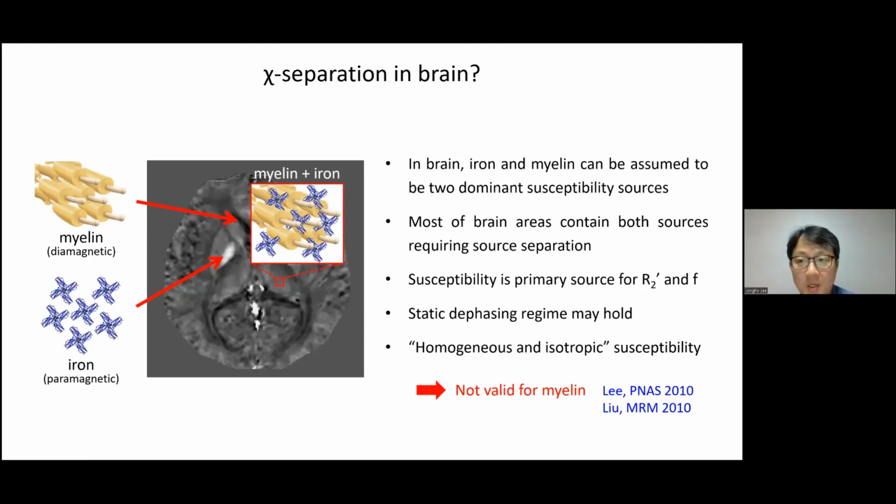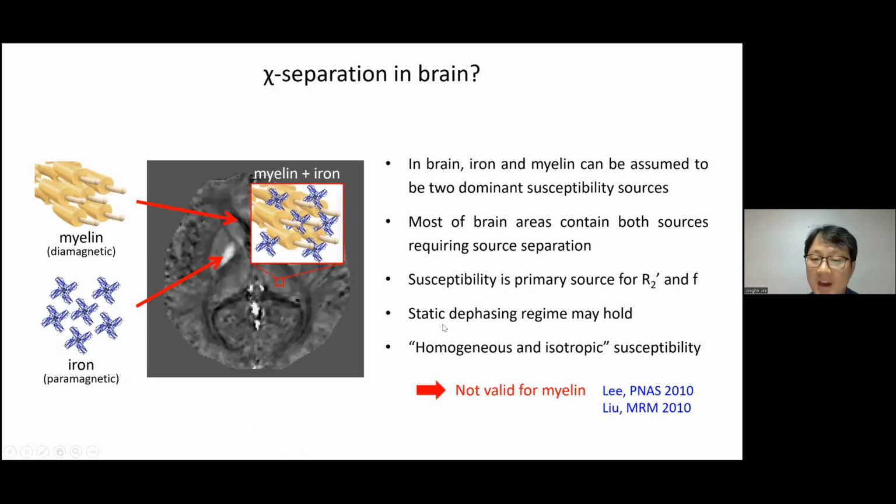Another assumption we need is that susceptibility is the primary source for R2 prime and frequency shift. That is again an okay assumption, because we have been looking for other sources like exchange, which only accounts for about 10% of the total signal change in the frequency shift.